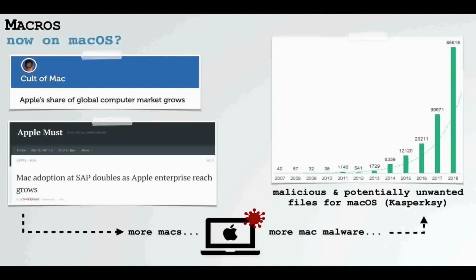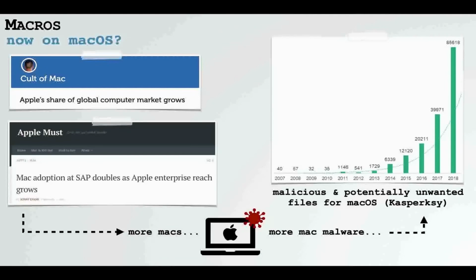So traditionally, these macro-based attacks have targeted Microsoft Windows systems due to two main reasons. First, macros are a Microsoft creation and only work in Microsoft products. That is to say, they're not going to work in Apple's Office apps such as Pages or Numbers.